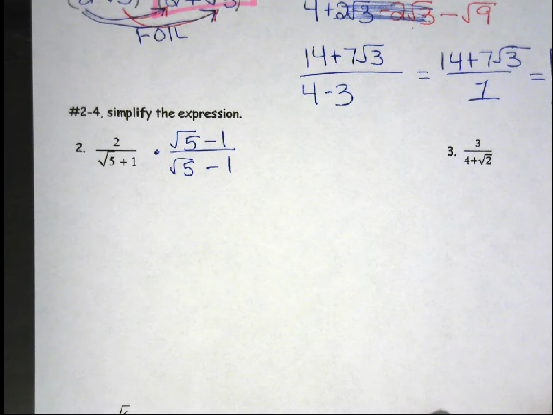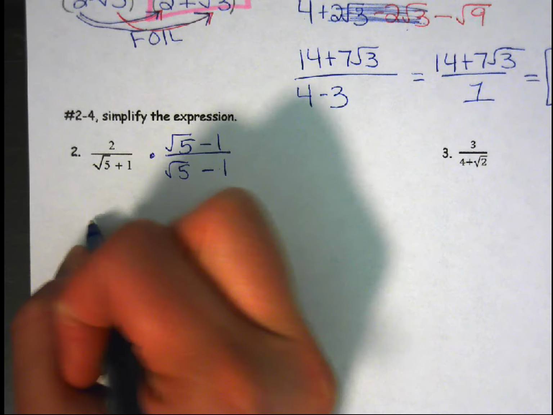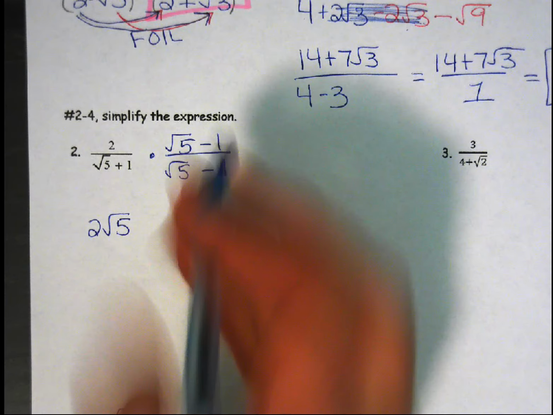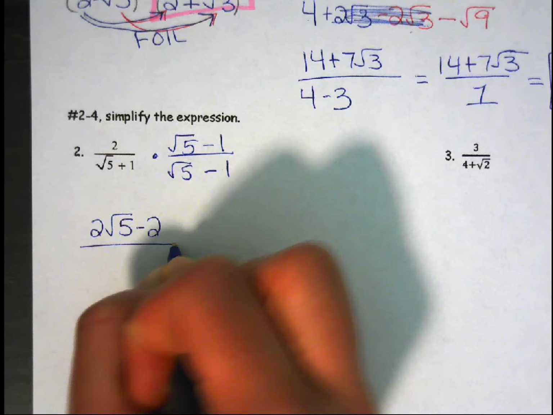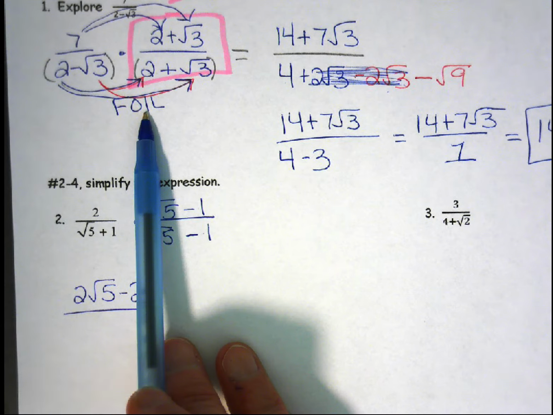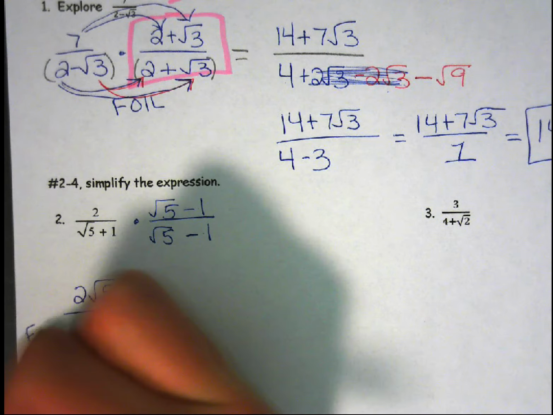Okay? And now we'll distribute. 2 times the square root of 5, and then 2 times the negative 1. Now, hopefully you remember from above, when we FOIL, the middles are going to drop. So we really only need to do the first and the last.